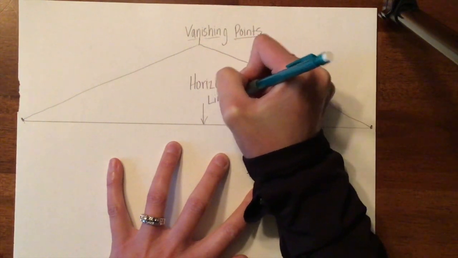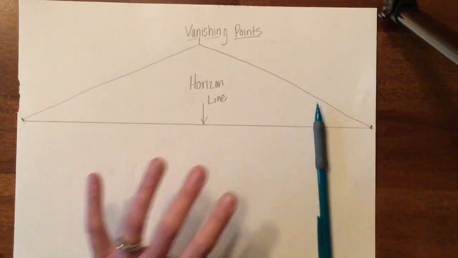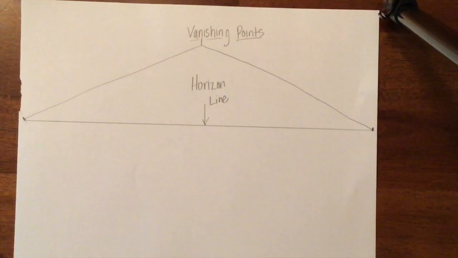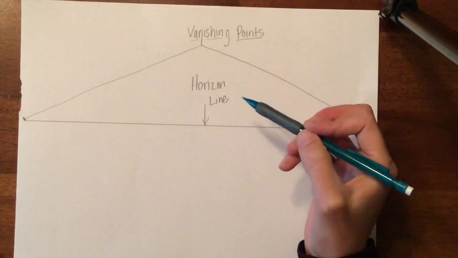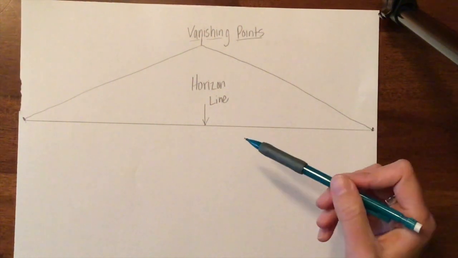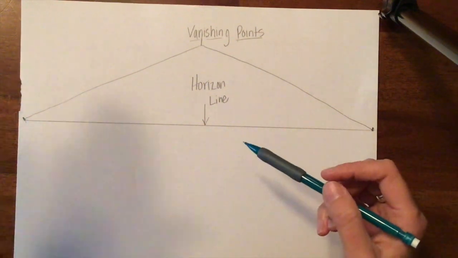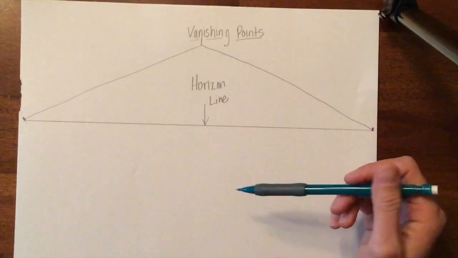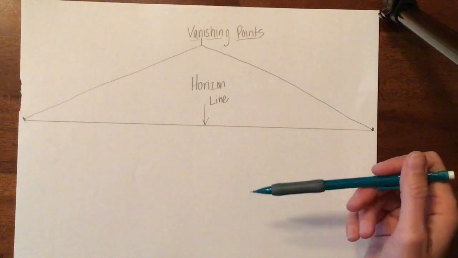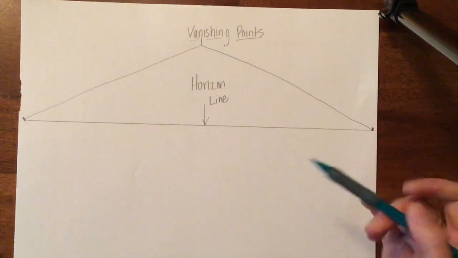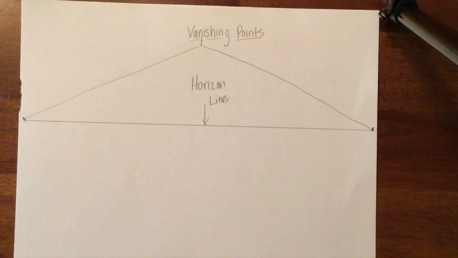Now, you've heard me talk about horizon lines a lot when we make pictures. Like you have to make a horizon line when you draw a landscape because it divides the ground from the sky and it makes things look like they're touching the ground or standing on the ground rather than floating.